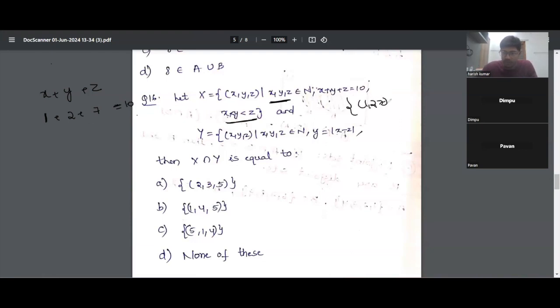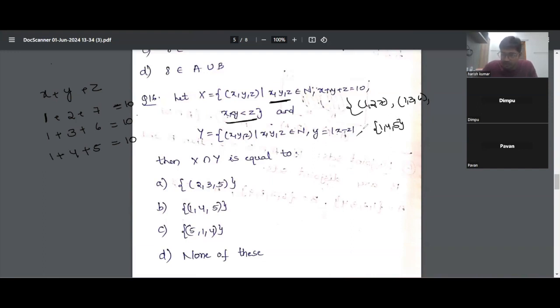Next, I'll take x as 1 and y as 3. Then z can be 6. So one more triplet, 1, 3, 6. Next, x as 1 and y as 4. Then z will be 5. So another triplet will be 1, 4, 5.